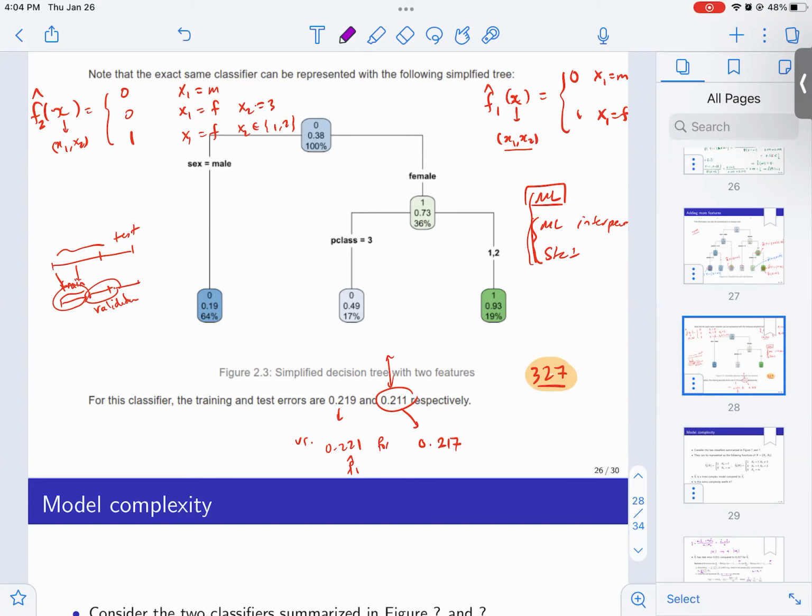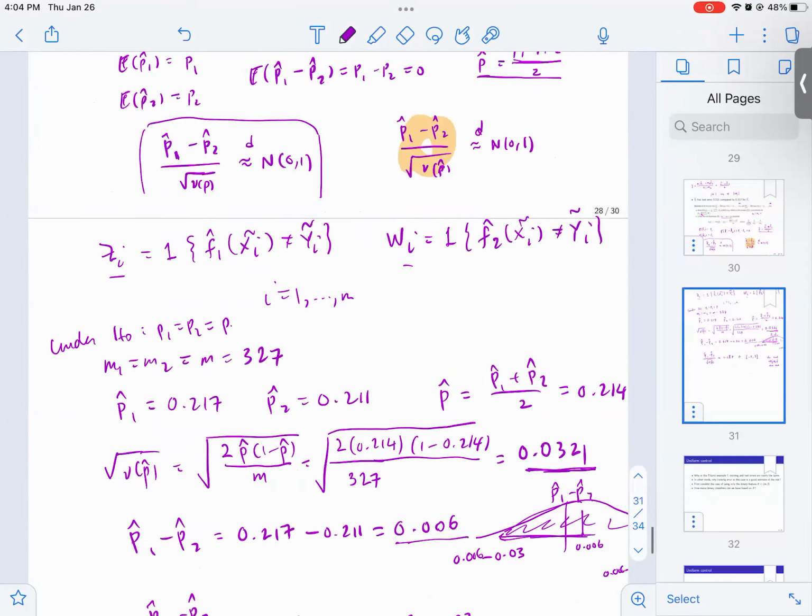Questions? Yes. So we're using the test errors. Yes, the test error. It turns out that in this case, the training error is very close to the test error, you can see, but that's a different story. I also just want to mention that this independence can be ignored.